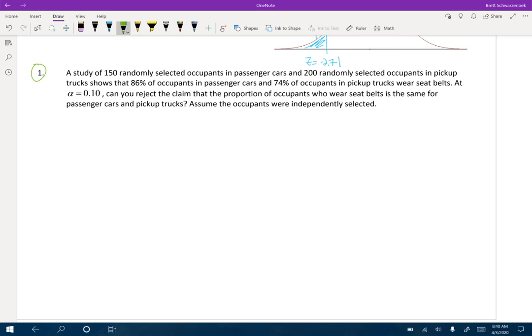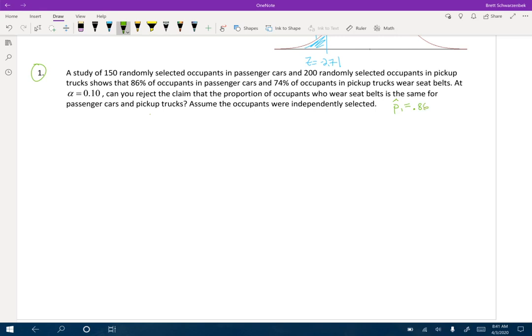All right, so again, what do I usually do first in these problems? I usually find p hat 1 and p hat 2. So p hat 1, for passenger cars, I guess you can't use p because that's the pooled proportion, but we're going to use 1. They actually give it to you outright, 0.86.